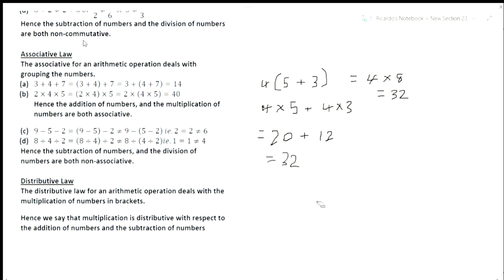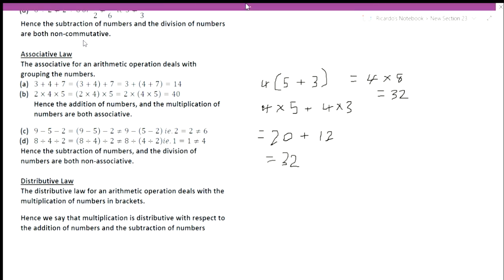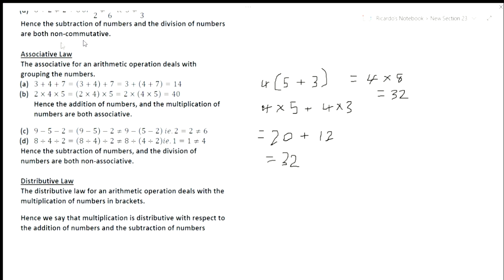So please remember, you can pause the video at any time to write down any example I did. Okay, so this one, let's say I have 2 outside here, and I have 8 minus 5. It works just the same. We can use distributive law to multiply by each member in the bracket.